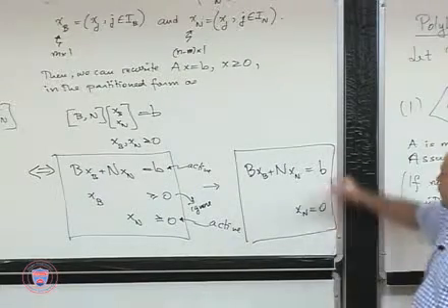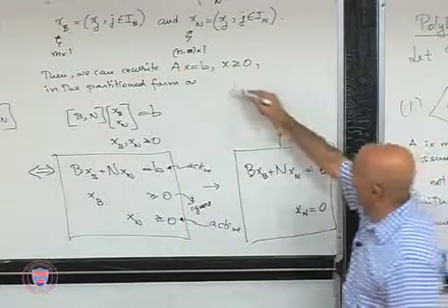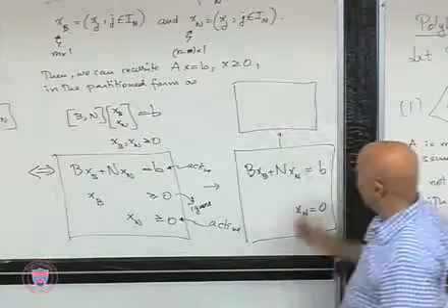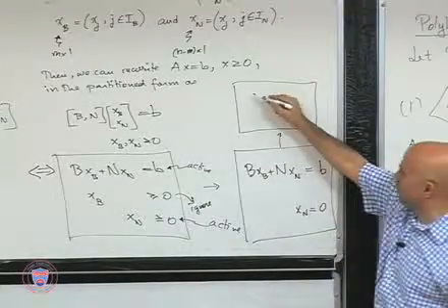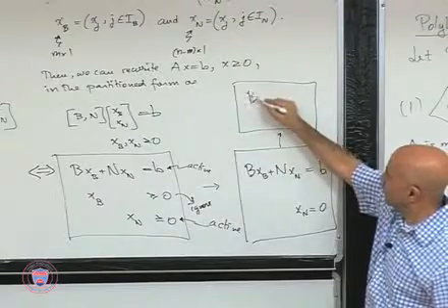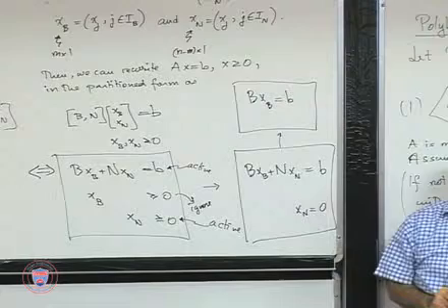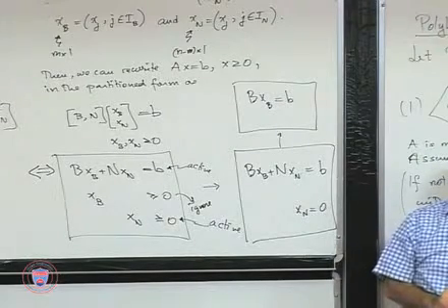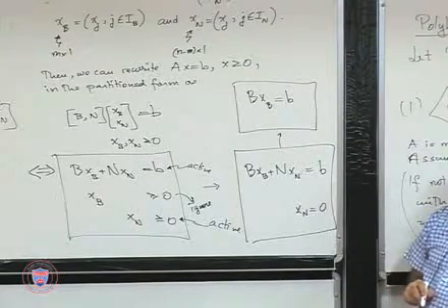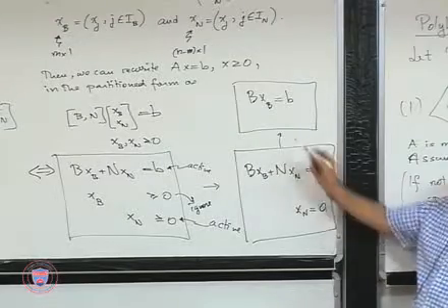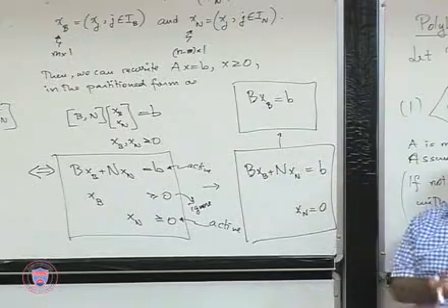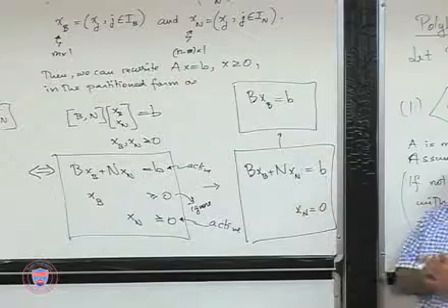And of course this system becomes even simpler since x_N is equal to 0. This reduces to Bx_B equals b. So what you want is, in order for this solution to be a basic solution, you want these to be linearly independent.